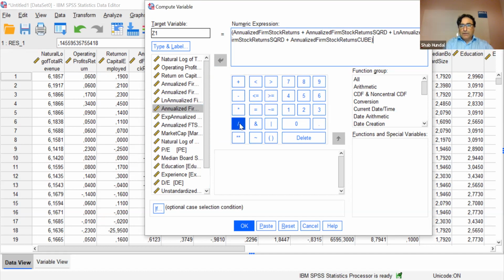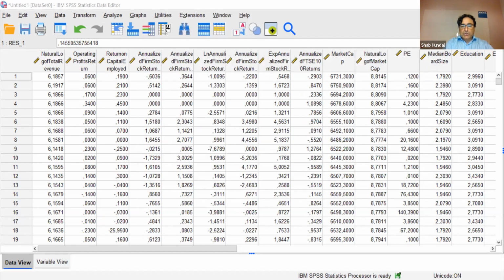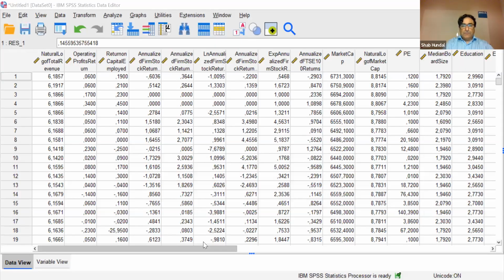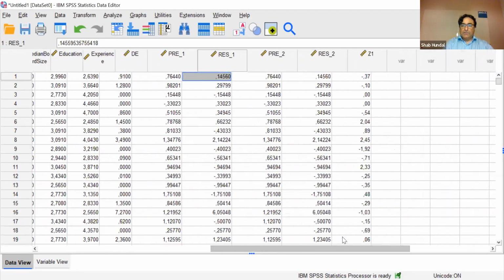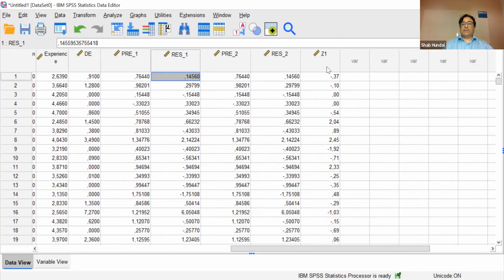So if I divide by 4 and click OK, and I quickly show you my data view, you will see soon that we have a variable called Z1. Can you see here? Yeah. So there is Z1. So by finding the average of 4 variables, we created one factor, Z1.